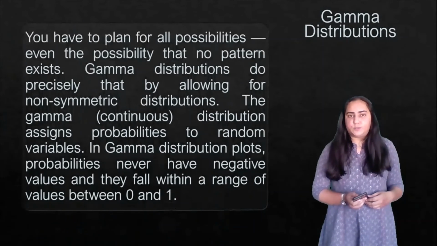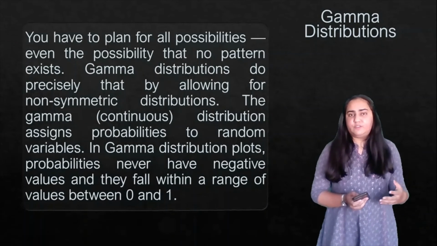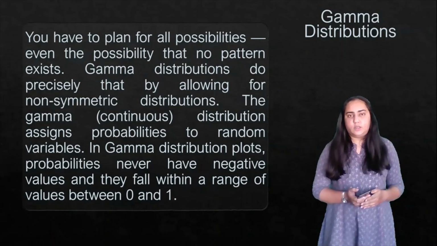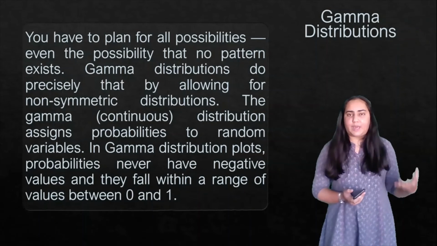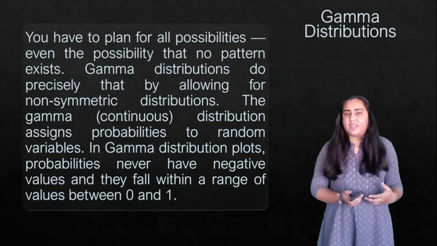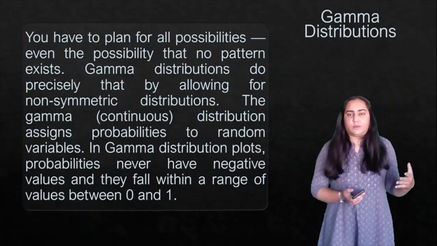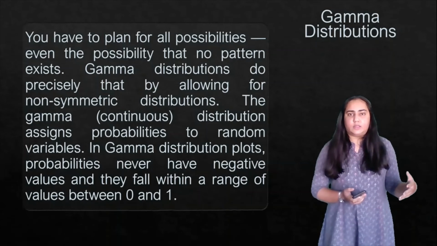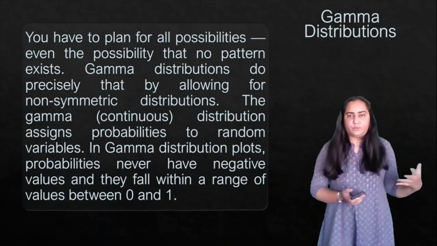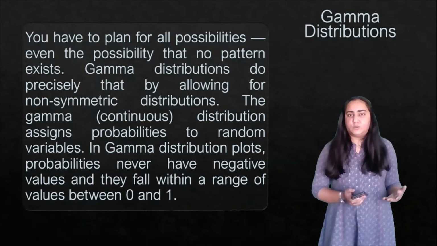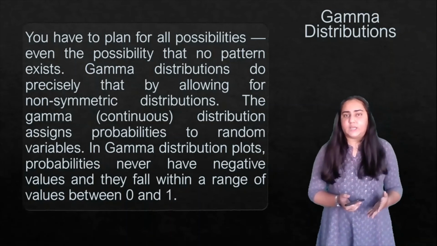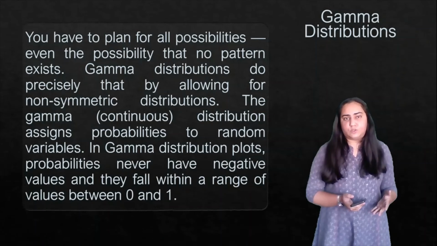Next, we have gamma distributions. You have to plan for all possibilities, even the possibility that no pattern exists. So far, we've seen distributions with patterns: how many accidents will happen, by what time the next accident is going to happen, and binomial probability with two outcomes. But you have to be prepared for a situation when there is no pattern, and that's where gamma distributions come in, by allowing for non-symmetric distributions.